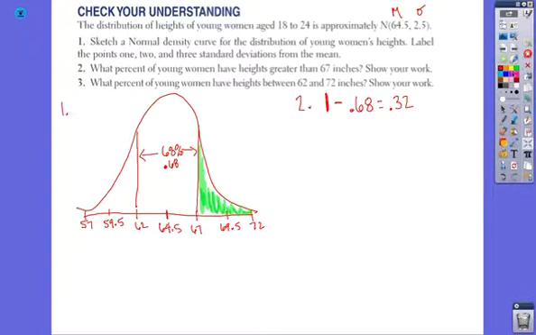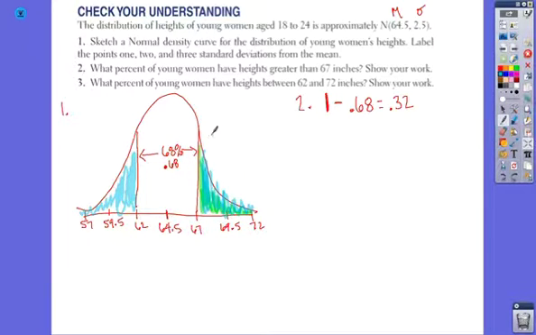0.32 is going to represent this and this. So basically anything that is not the 68% that's in the middle.